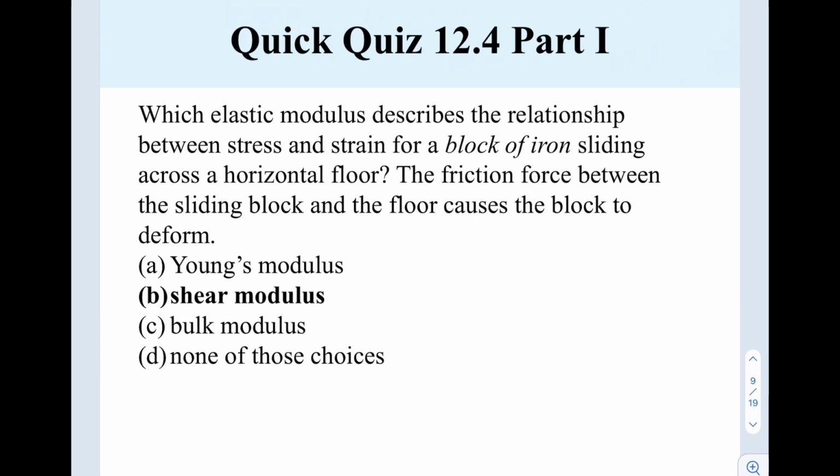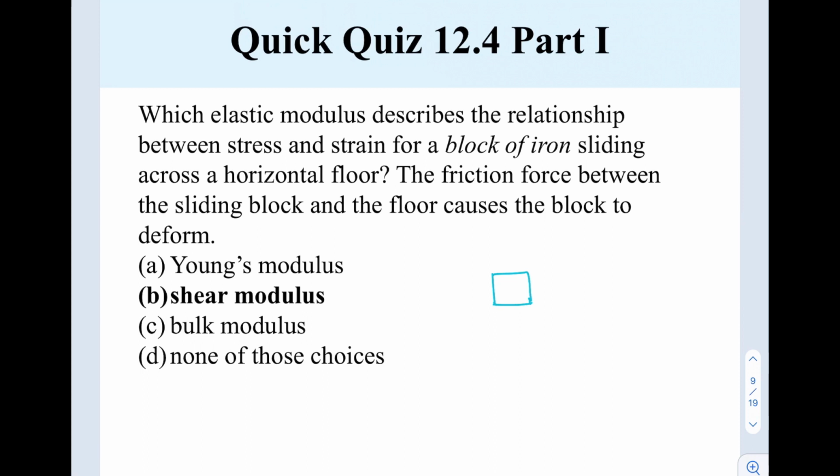It's actually shear modulus because it describes the relationship between stress and strain for a block of iron sliding. That is the key word: sliding across a horizontal floor. The friction force between the sliding block and the floor causes the block to deform.